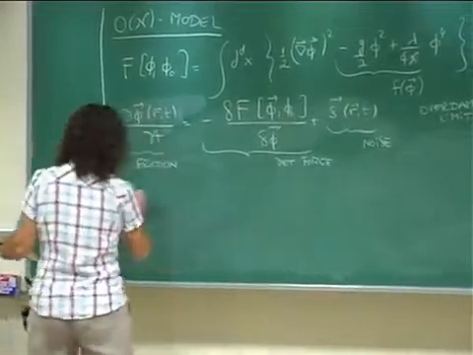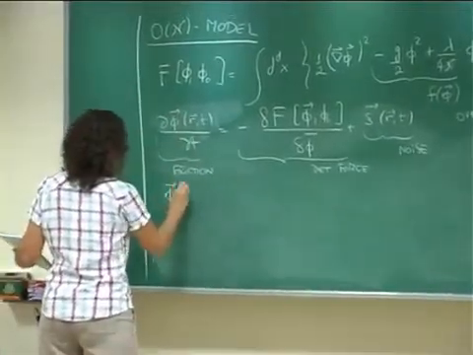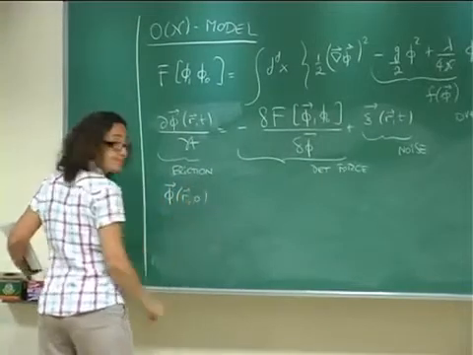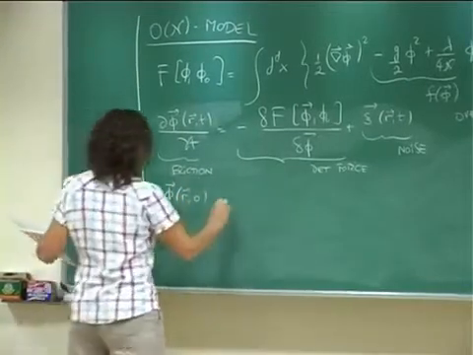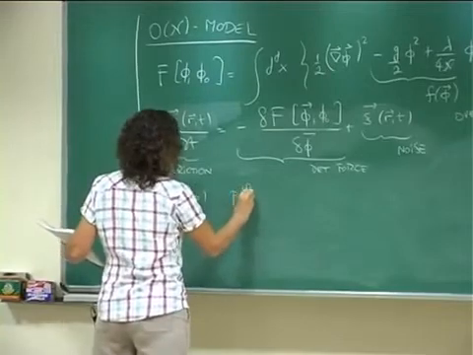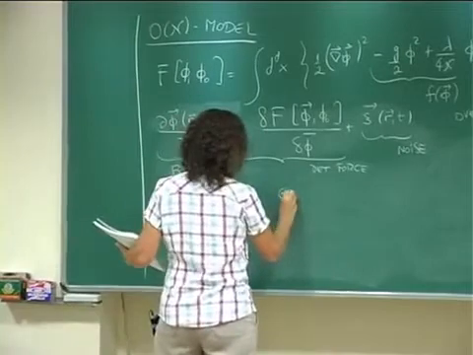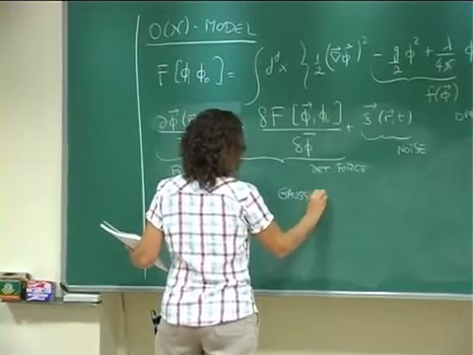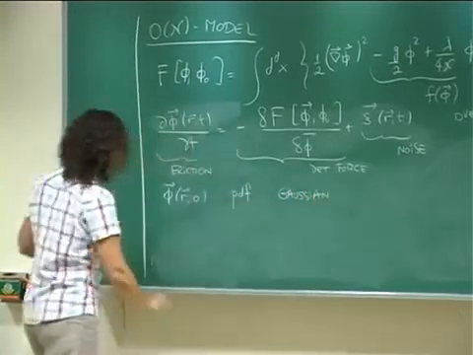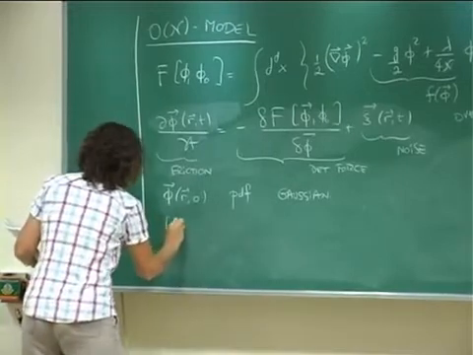So then I'm going to say that my initial conditions, the phi vector of R at time 0, are going to be taken from a probability distribution function, Gaussian, let's say. And I'm going to say that they have 0 mean.